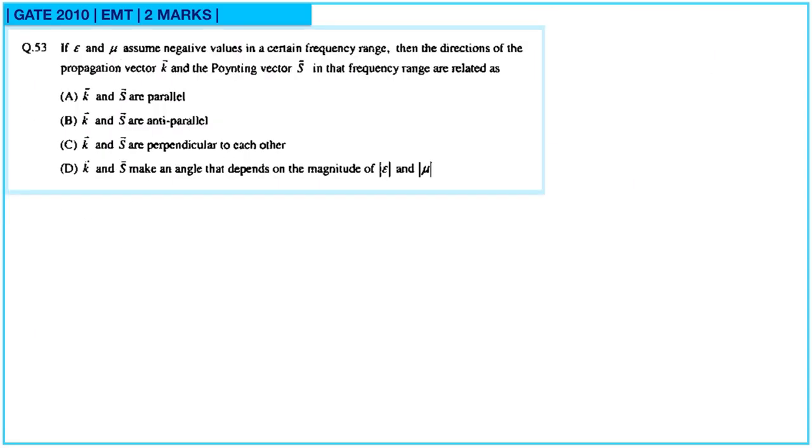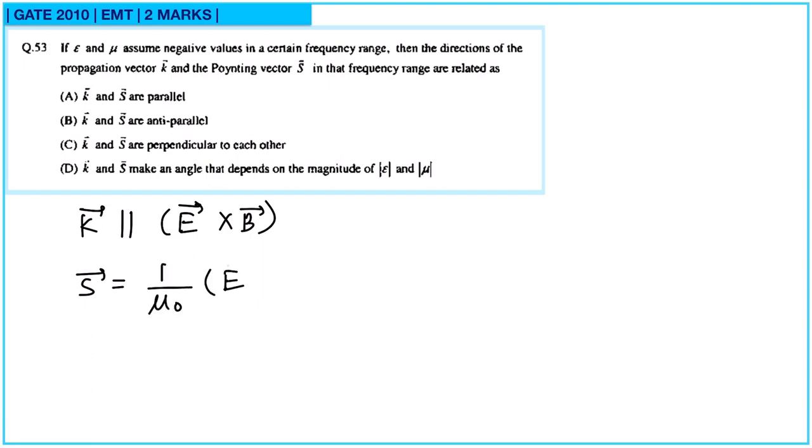Next question. If epsilon and mu assume negative values in a certain frequency range, then the directions of the propagation vector k bar and Poynting vector s bar in that frequency range are related as. Now we know k bar is parallel to E bar cross B bar, and Poynting vector s bar is 1 upon mu naught into E bar cross B bar.